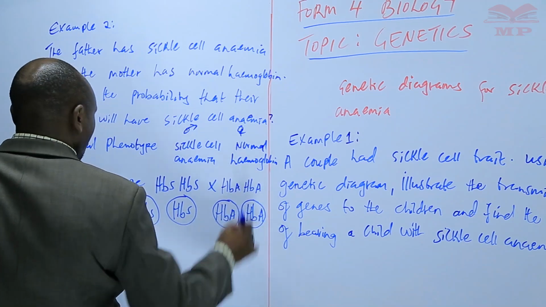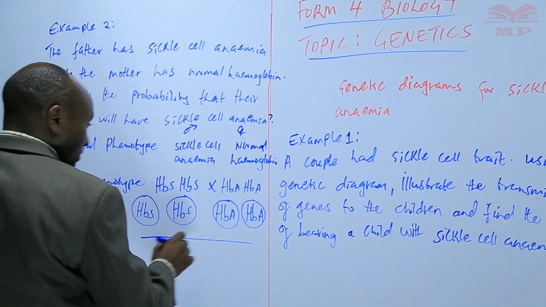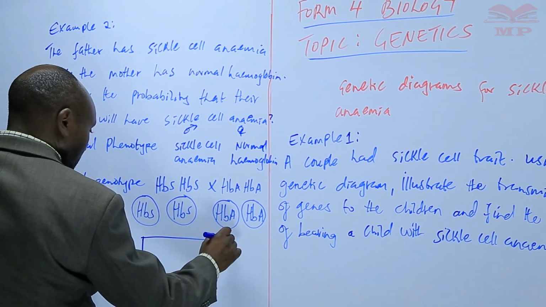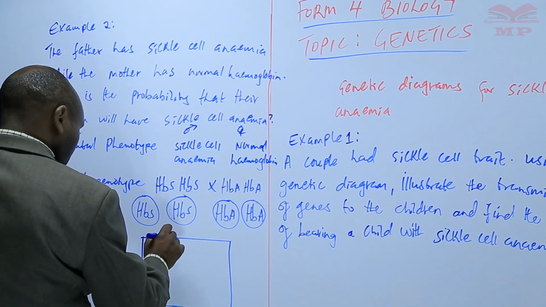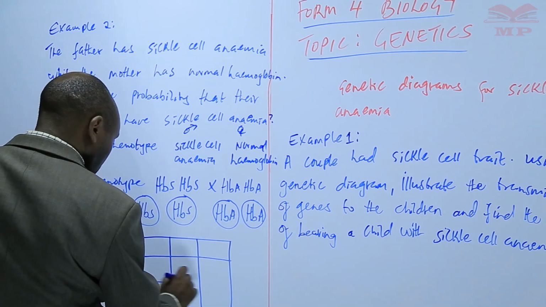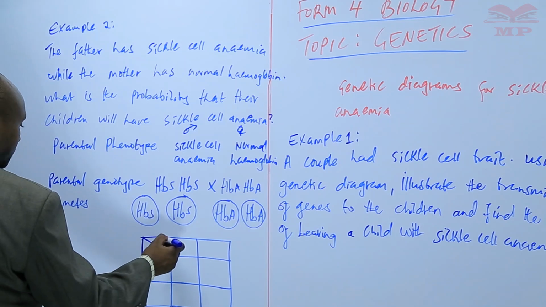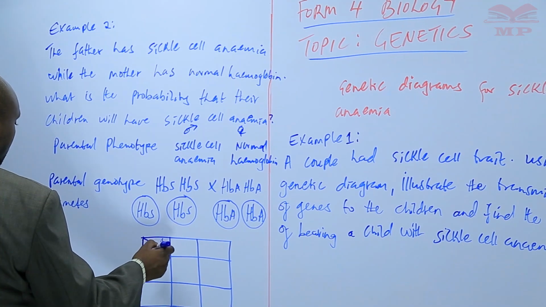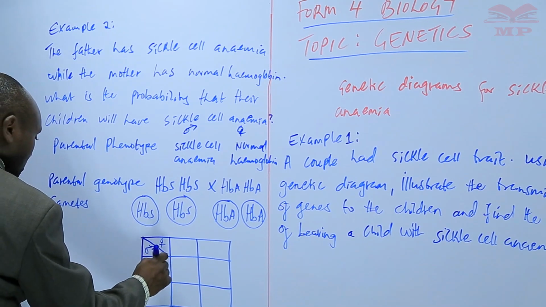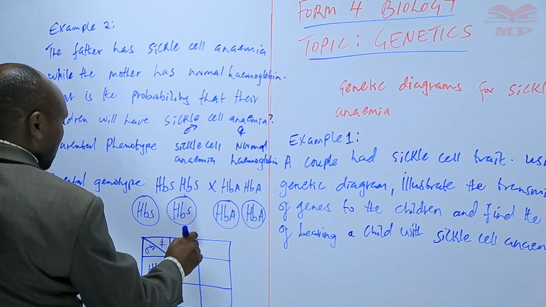So this one you can use a Punnett square, because the other one we used the genetic crossing. So the father has HbS, the mother has HbA.